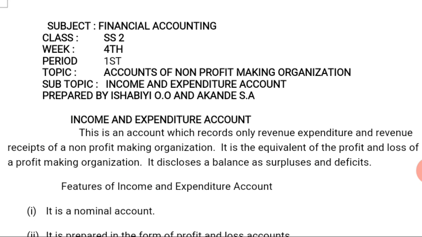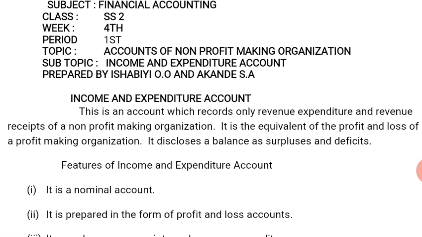These are good examples of non-profit making organizations. And the topic we are discussing is how to prepare the books of these organizations.